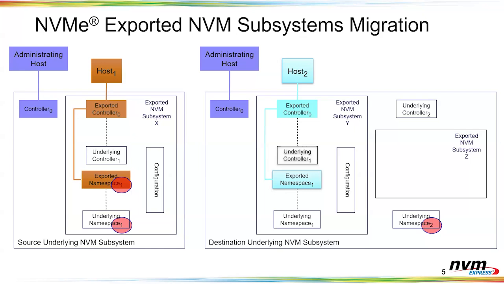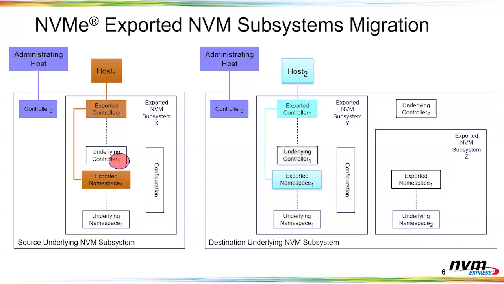For underlying namespaces today, the host cannot indicate what the identifiers are. It is the controllers that determine the identifiers for the underlying namespace. But with this new capability, the host can then say, go create an exported namespace and associate it to the underlying namespace and provide the same identifier as the source exported namespace.